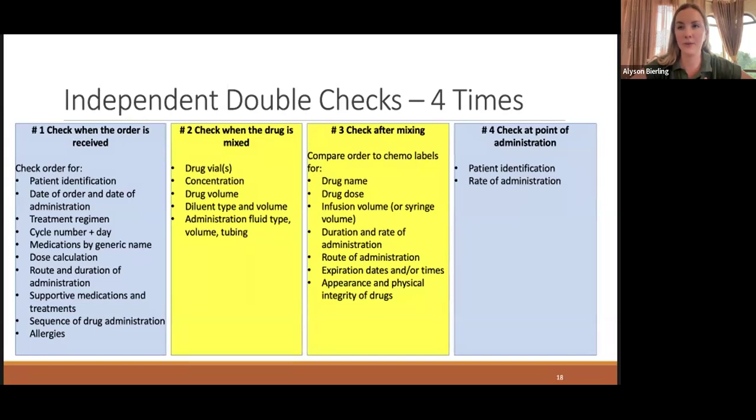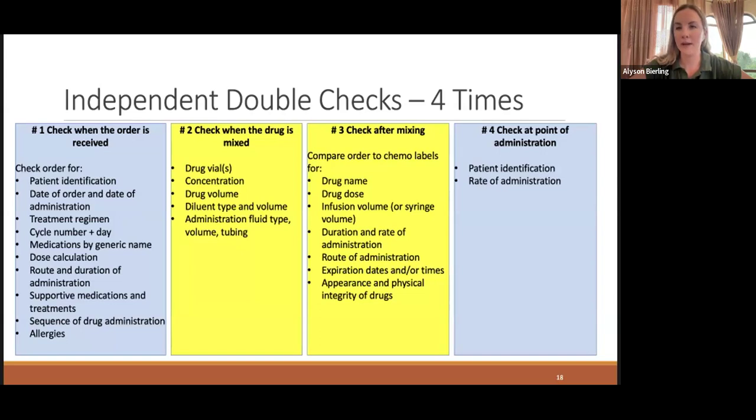Before you draw up the drug from the vial, we want to check the drug vial to make sure that the integrity of the vial and the drug inside is okay. Make sure it's not expired. We want to check the concentration of the drug so that we're drawing up the correct volume of drug. We want to check the diluent type and the volume.